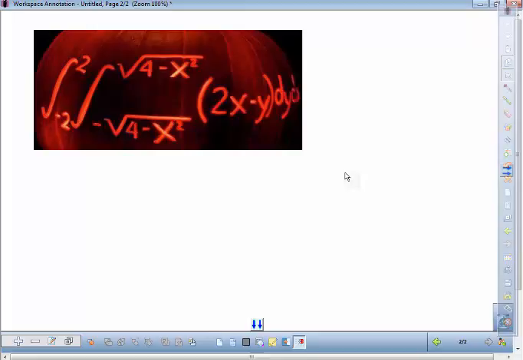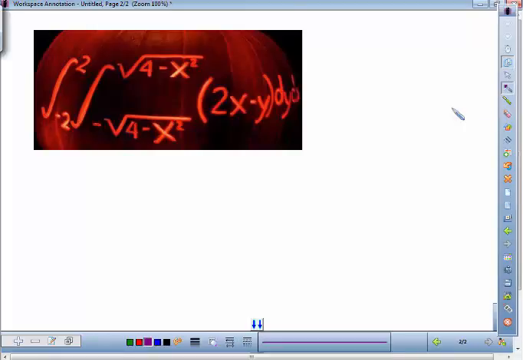The first thing that you probably should look at before you jump into trying to solve a double integral is to look at the limits to see if it would be appropriate to stay in this coordinate system, which is the x and y Cartesian coordinate system, or if it would be more appropriate to change back into polars.